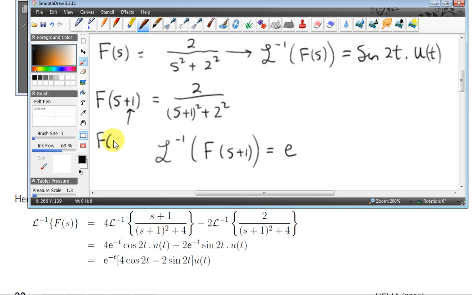We compare this to F(s+a), so +a equals +1, so we get e^(-1t) times the inverse transform of big F(s), which is sin(2t) u(t). So that's our result, and if you like, you can factorize e^(-t) out, and we get this.